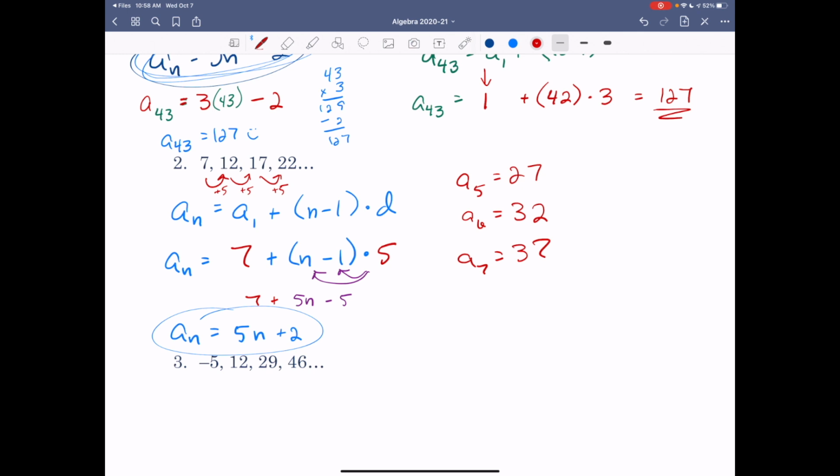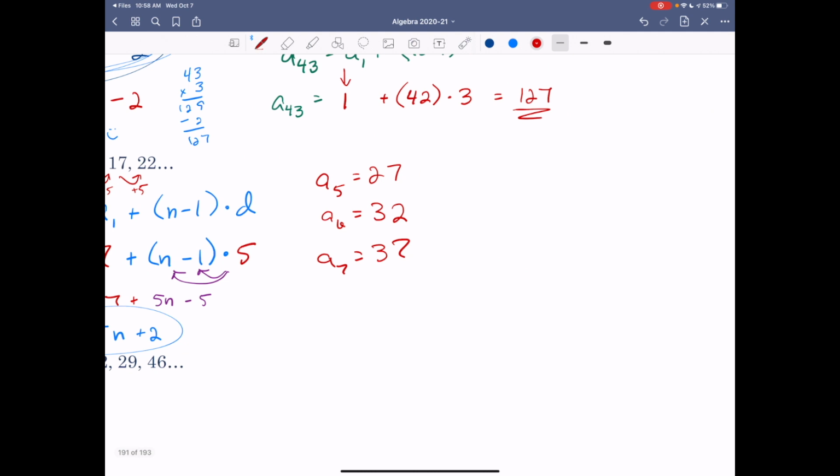But if I want the 43rd term, I might have noticed, okay, if I do a little table, n, a sub n, step 1 was 7, step 2, 12, step 3, 17, step 4, 22. If I'm adding 5 plus 5 plus 5 plus 5 over and over again, that ends up being multiplication, right?